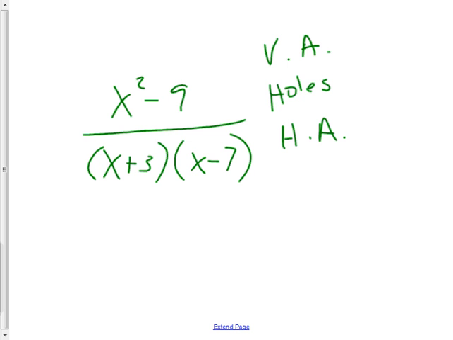Ask Bob what the horizontals are. We've got almost everything down. I've talked to you about horizontals, verticals, and holes. The only thing I haven't shown you is slant asymptotes.